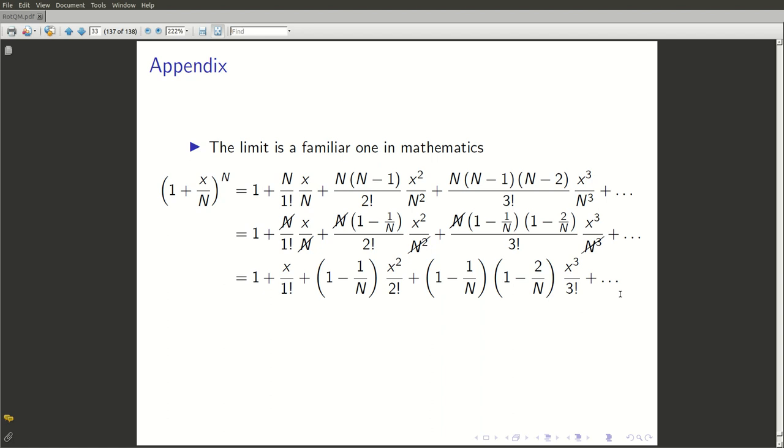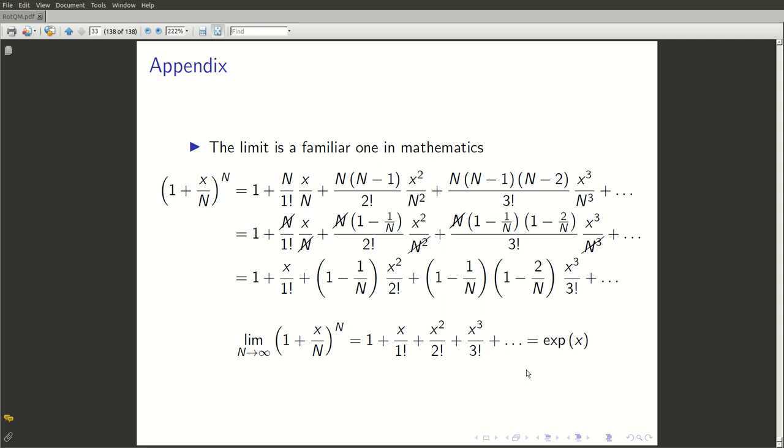Now, if we take the limit n goes to infinity of this, then this 1 by n becomes negligible compared to 1. Similarly, 1 by n, 2 by n both become negligible compared to 1. And so, the limit simply becomes 1 plus x by 1 factorial plus x square by 2 factorial, x cube by 3 factorial, and so on, which is our familiar exponential function.